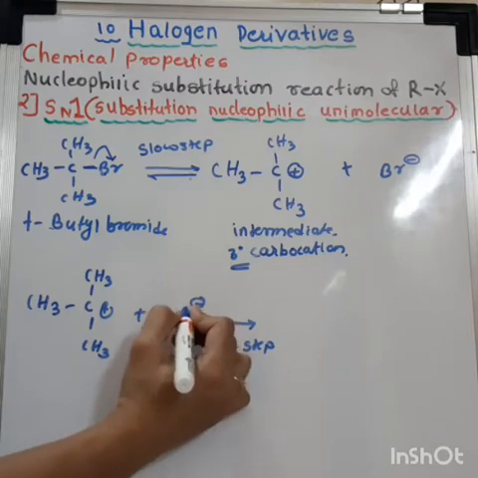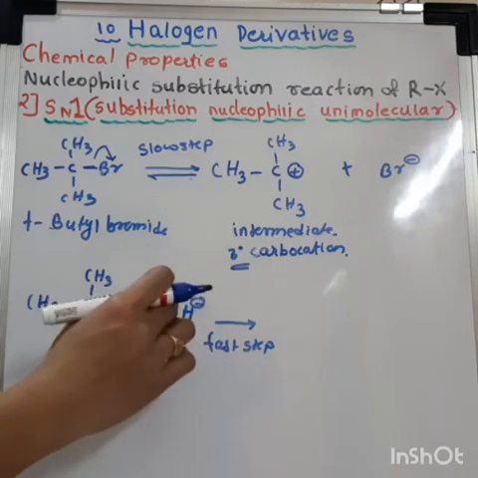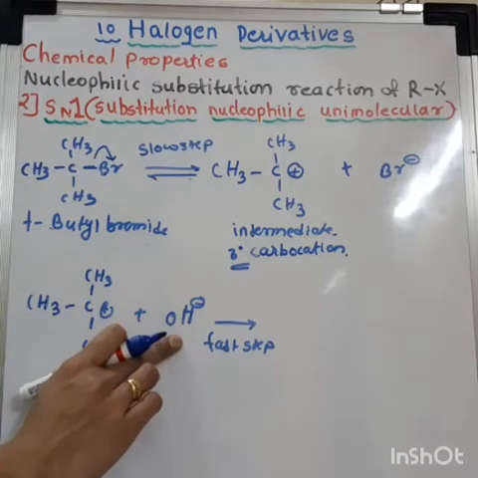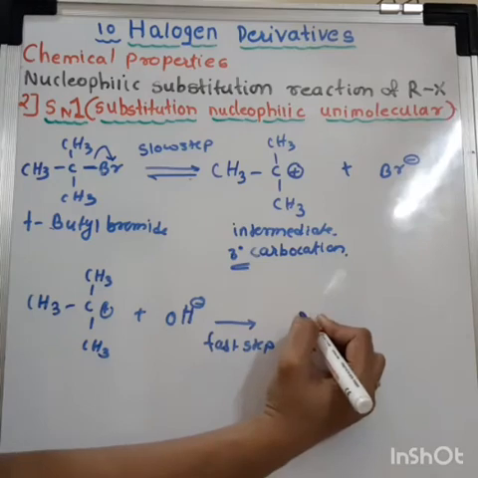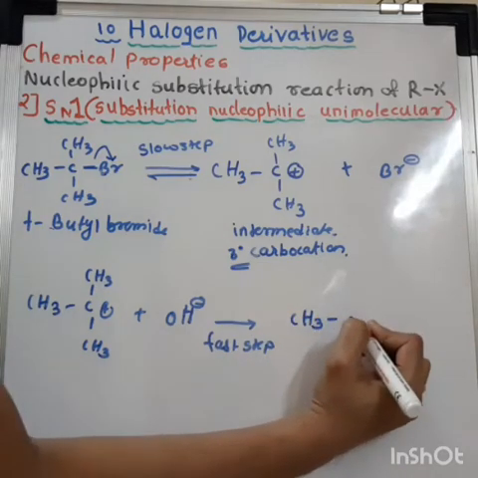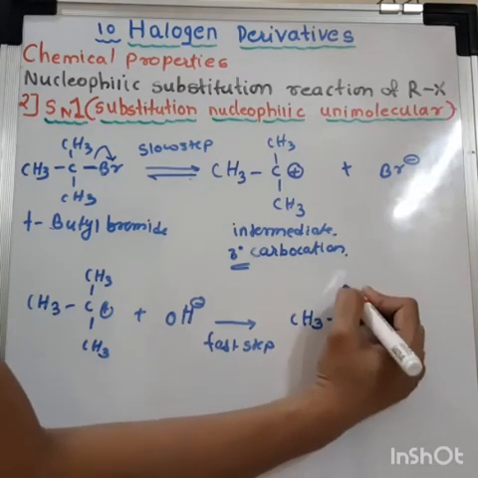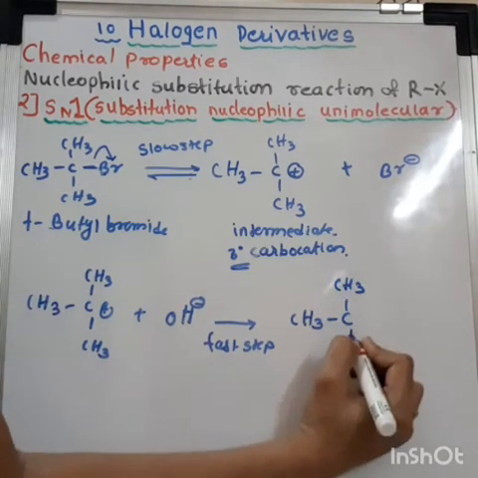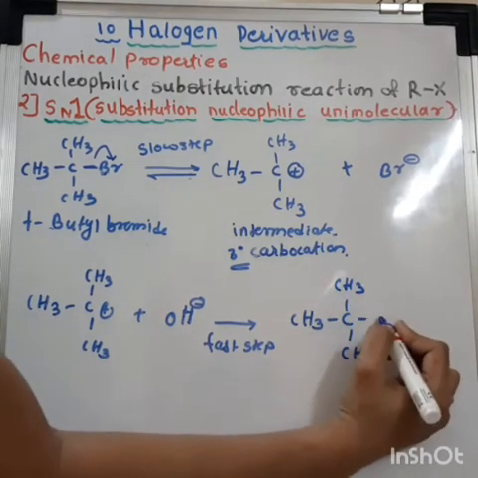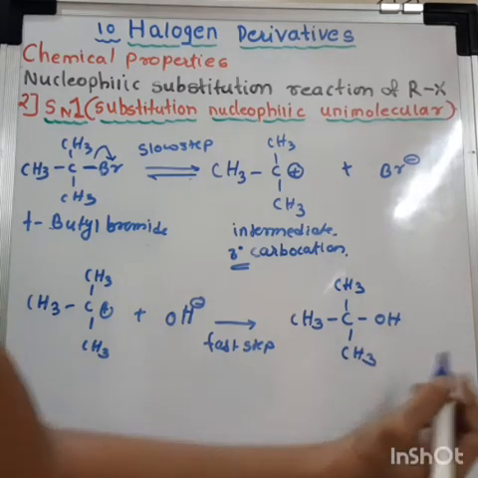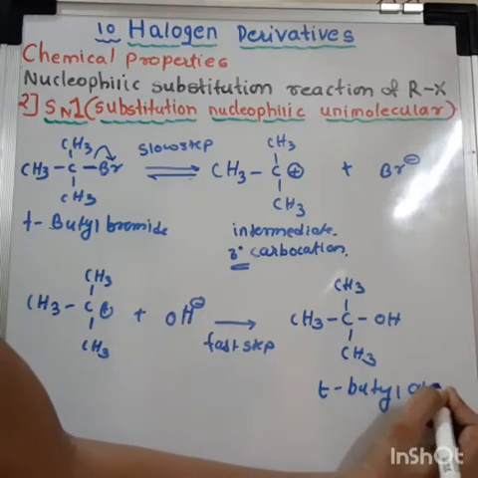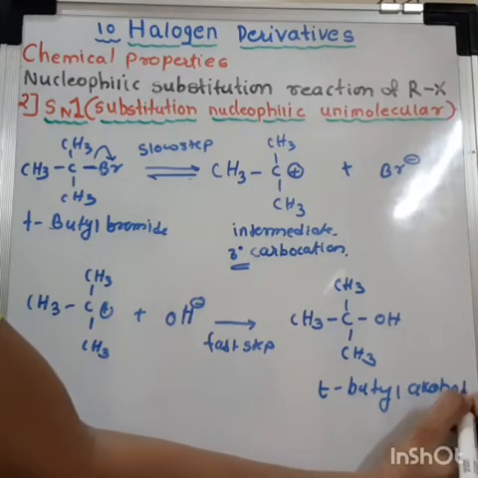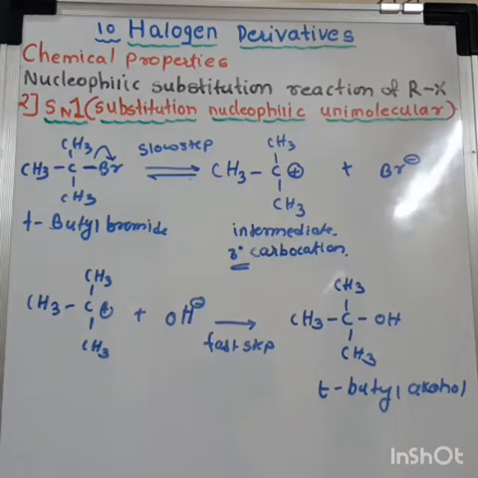In this step, the nucleophile uses its electrons to form a bond with this tertiary carbocation to give the product, tertiary butyl alcohol. So this is the reaction mechanism of the SN1 reaction.